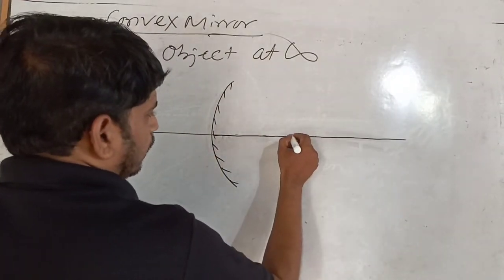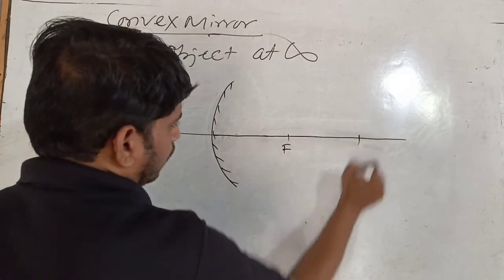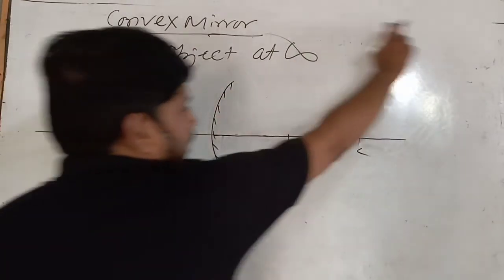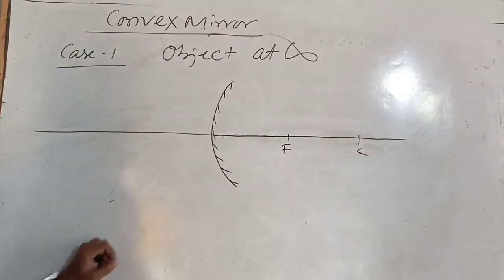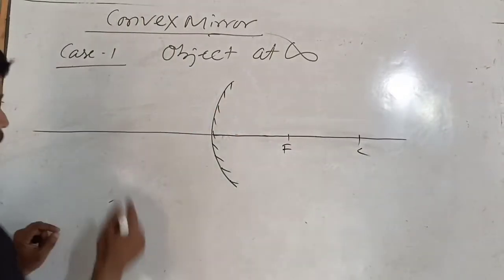Somewhere here is the focus, and from an equal length is the center of curvature. As this is the circle, all these things will come on its right side, the non-reflecting side. The focus is on the non-reflecting side.